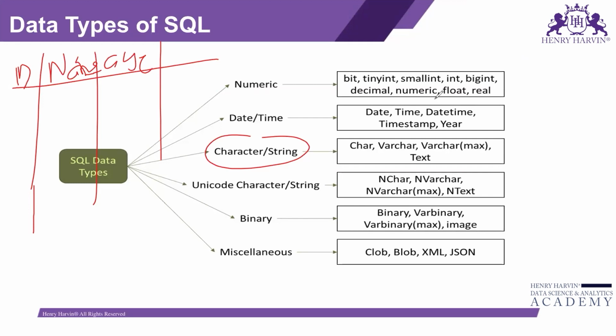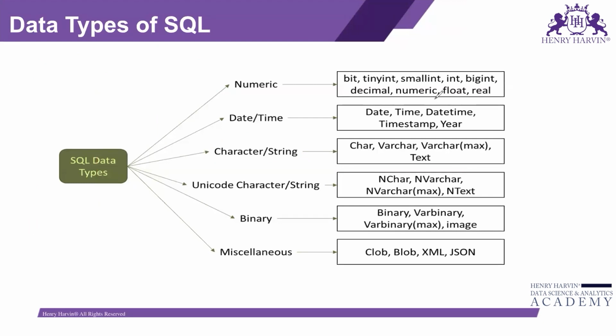Let's start with the first one, numerical. When you're talking of numerical data types, we use them so that we can represent numbers, and these can be different types of numbers.